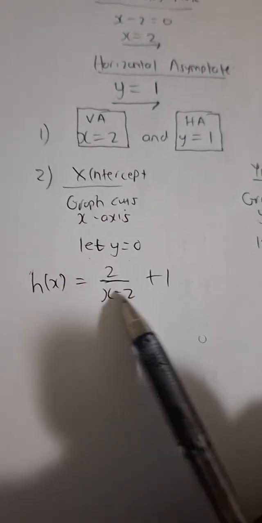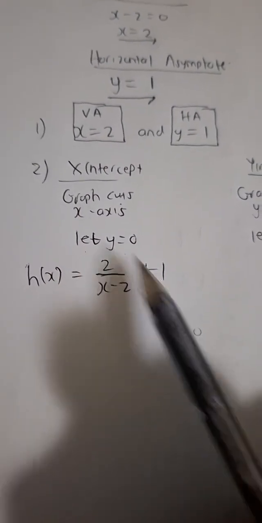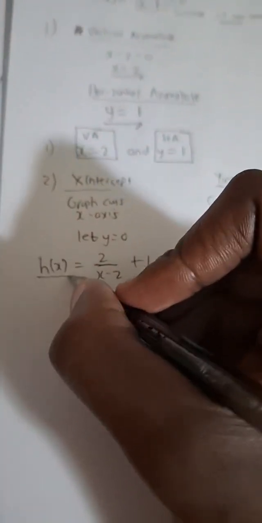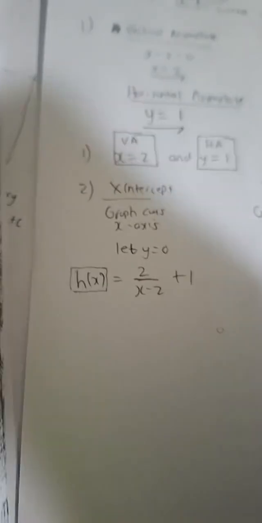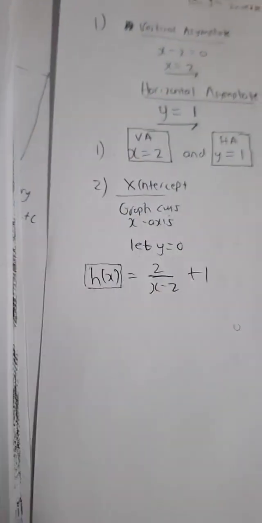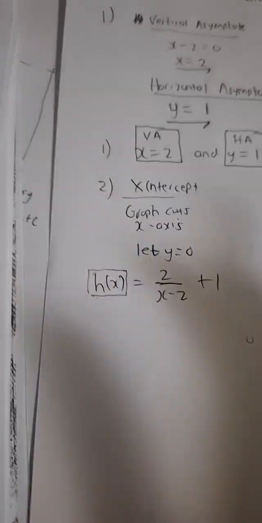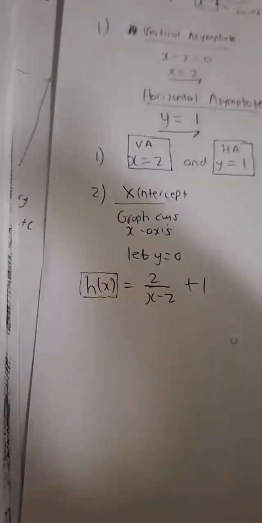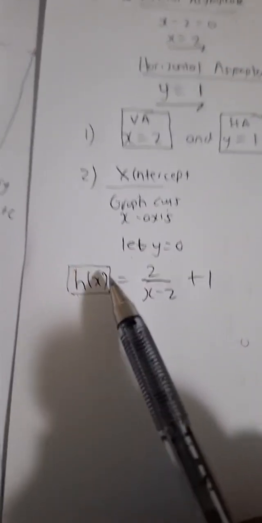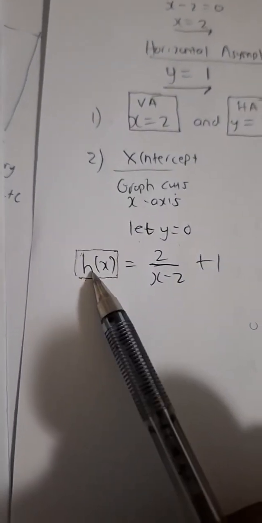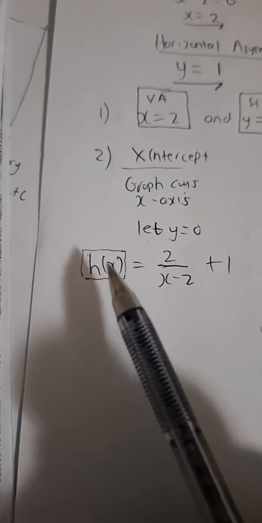h of x is equal to 2 over x minus 2 plus 1. All right, so we let y equal to 0. Remember, whether this is h of x, f of x, p of x, or any letter of the alphabet, this notation is what we call functional notation. What does it mean?